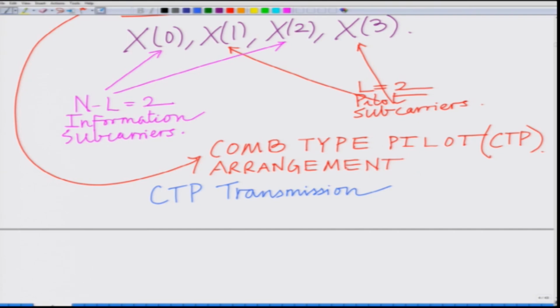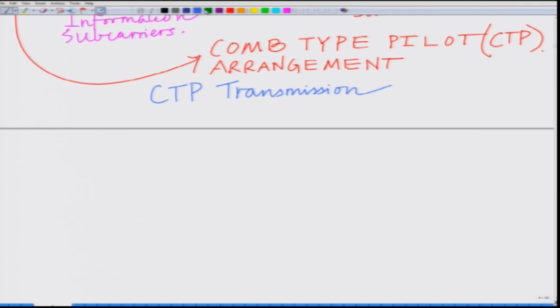Now we are going to take these symbols with this comb type pilot transmission, that is the information and pilot symbols.